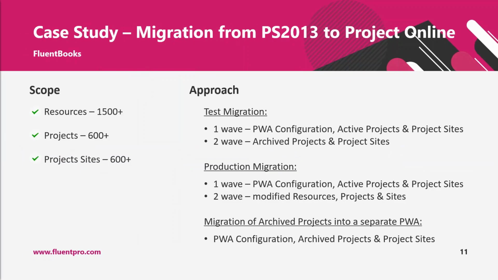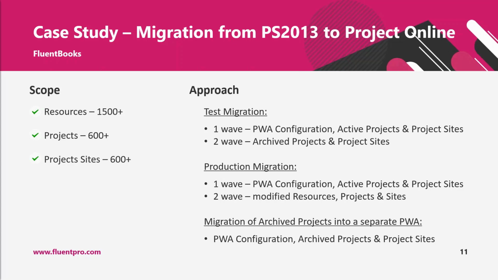So this is one of the migrations that we've done in 2018. This was a migration from Project Server 2013 to Project Online, and the scope of migration was about 1,500 resources, 600 projects, and each project had a project site associated with it.